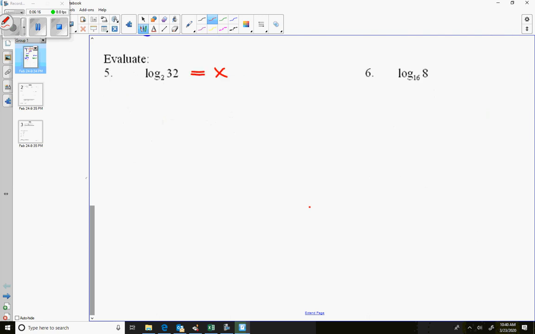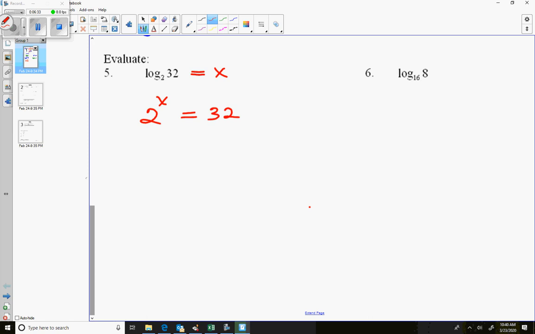So the base of the log becomes the base of the exponential. What the logarithm equals is the exponent. And then now this equals the argument.